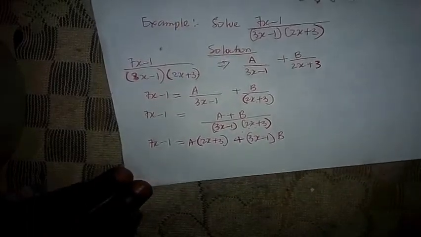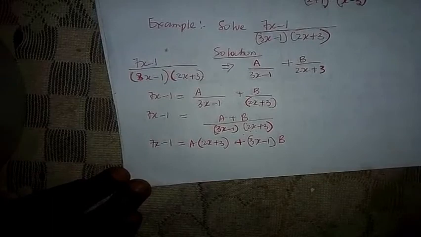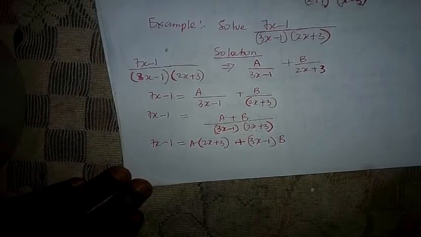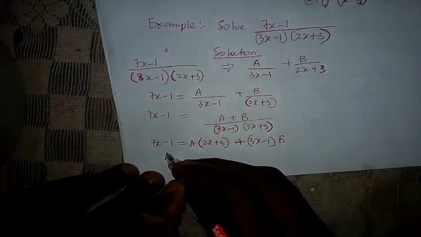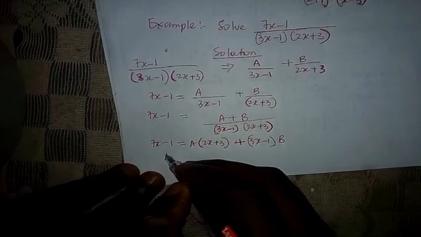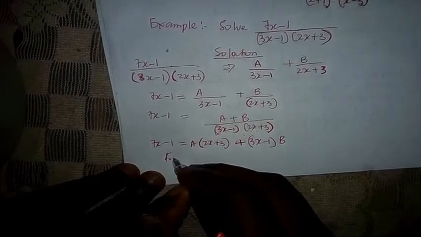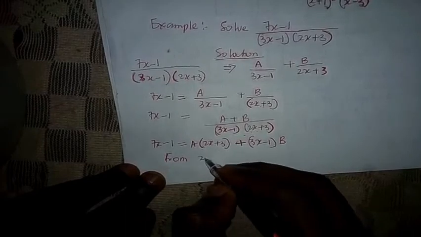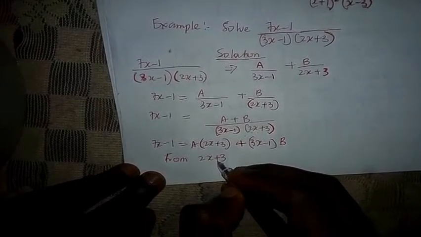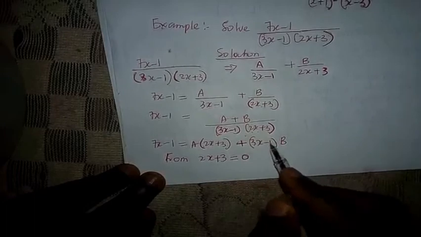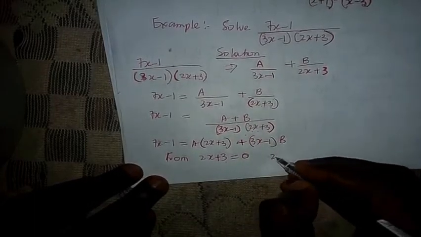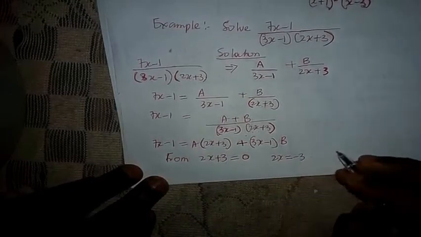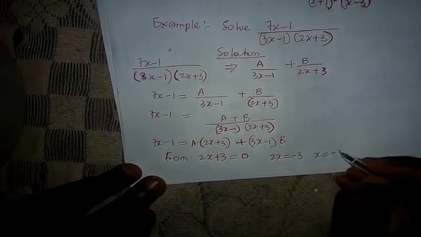So we now start solving it with our process, simultaneous equation, where we insert values. We say x is equal to, from 2x plus 3 is equal to 0, from this equation, 2x is equal to minus 3, so x will be equal to minus 3 over 2.